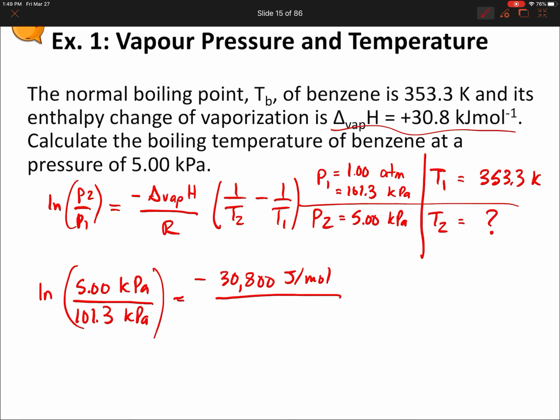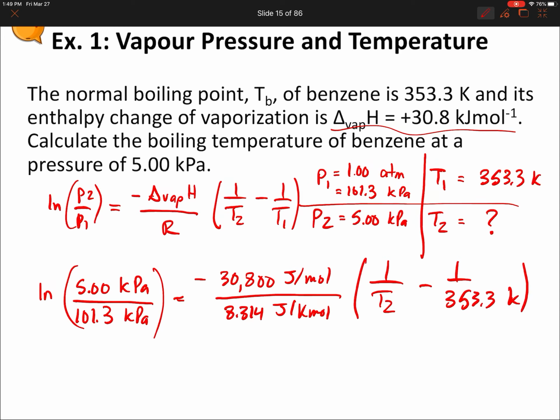It's our R that's in joules per K mole, which is 8.314 joules per K mole, times 1 over T2, which is our big unknown, minus 1 over 353.3 Kelvin.